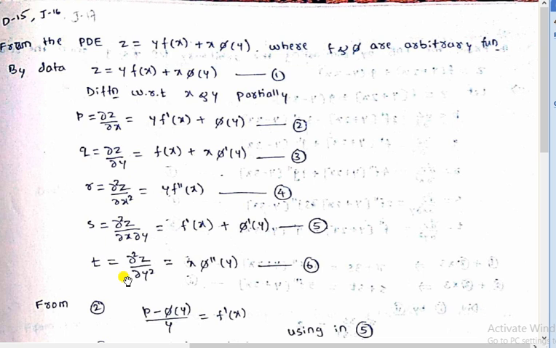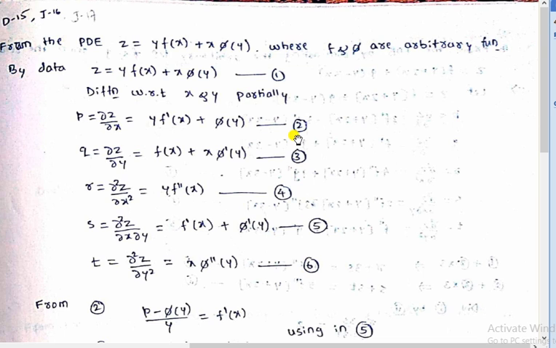Then the last one, t equals dou square z by dou y square. It means differentiate 3 again with respect to y. So f of x becomes 0, x is constant, and phi dash of y becomes phi double dash of y. So equation number 6.